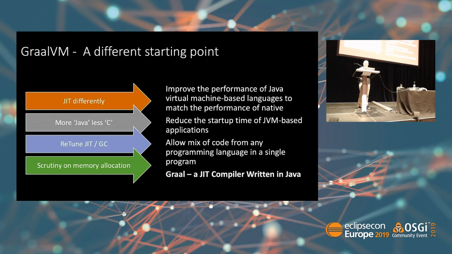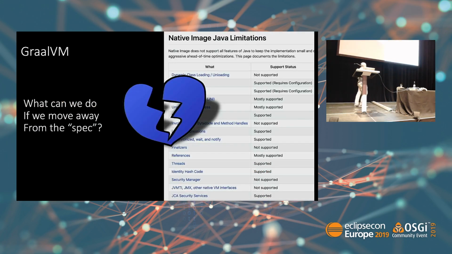However, Graal is also exploring, either deliberately or sort of accidentally, what happens if we don't follow the spec that we said at the beginning, which can make it harder to work out what's going on. So if you go to the Graal website, you'll see they've currently got a bunch of challenges.